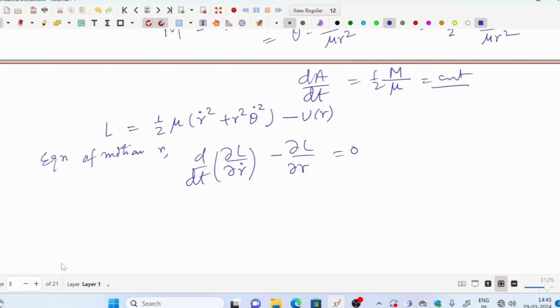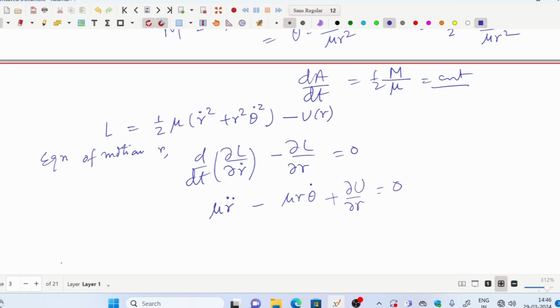Now, for this Lagrangian, if you calculate the Euler-Lagrange equation, you will get mu r double dot, because del L by del r dot is mu r dot, minus mu r theta dot square, this is coming from del L by del r, plus del u by del r equal to 0.